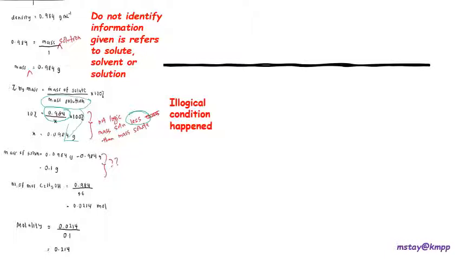An illogical condition happens. That's why it is very important to identify solute, solvent, or solution before starting the calculation.